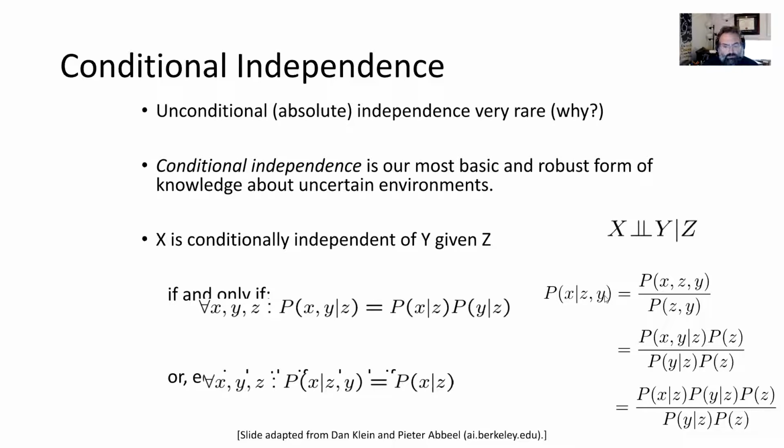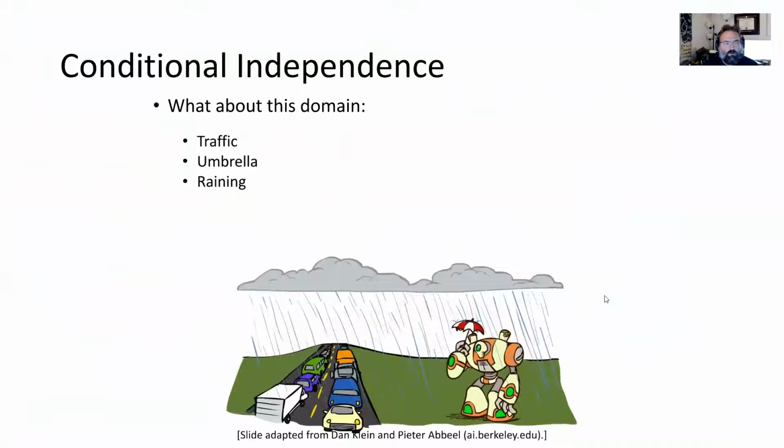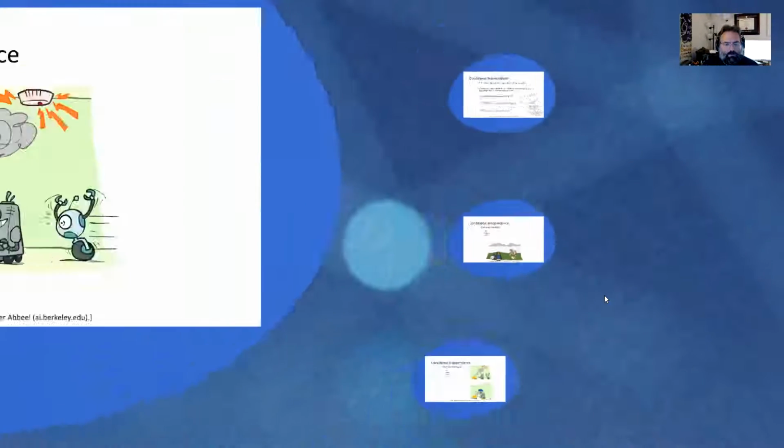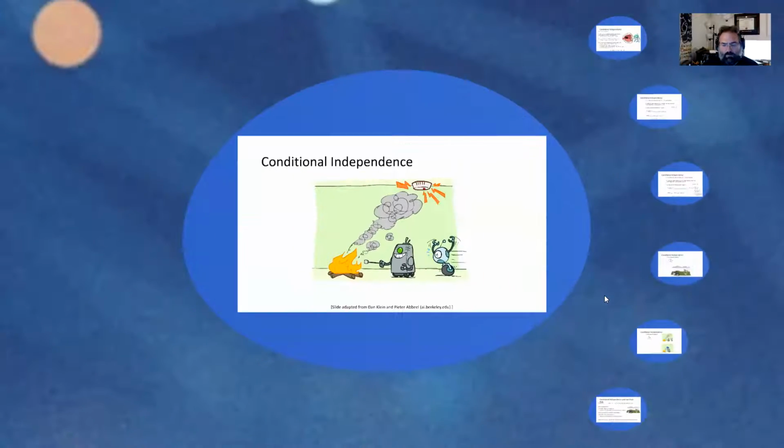So the short of it is that most of the time things are not going to be truly independent. Going through this fairly quickly because we do have quite a bit to discuss.